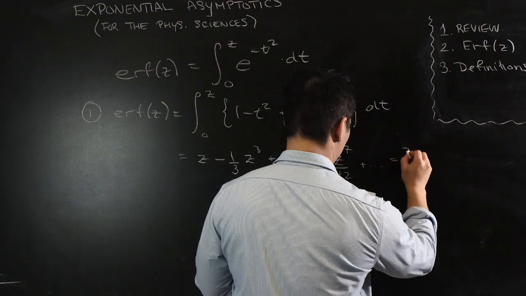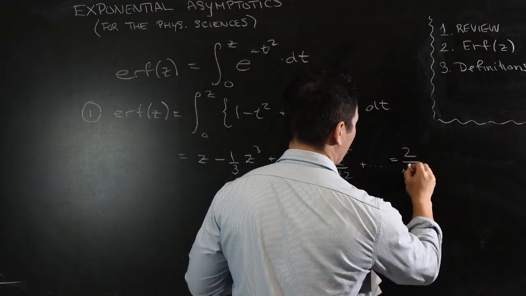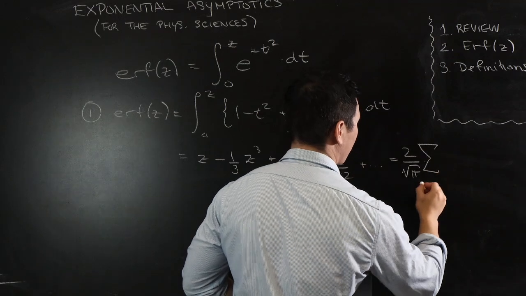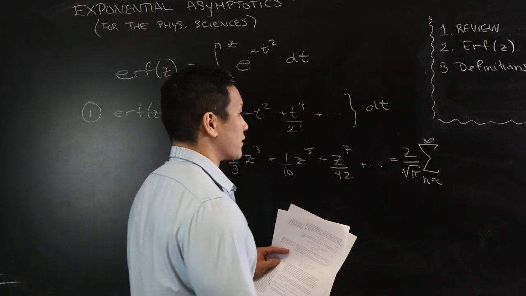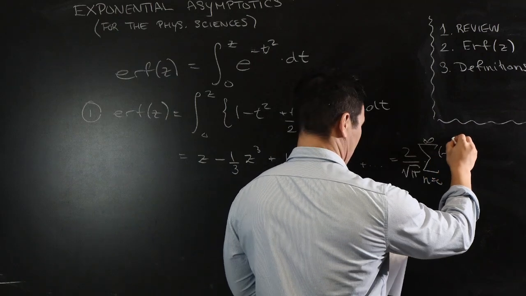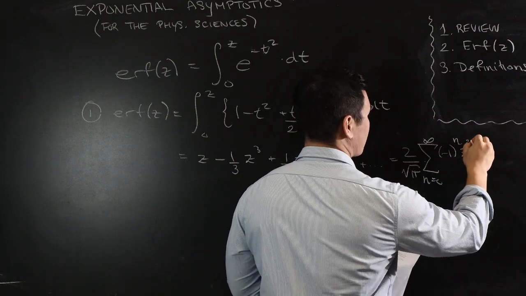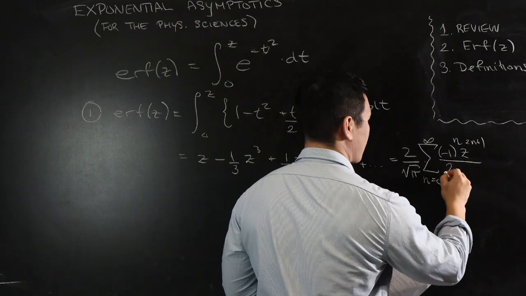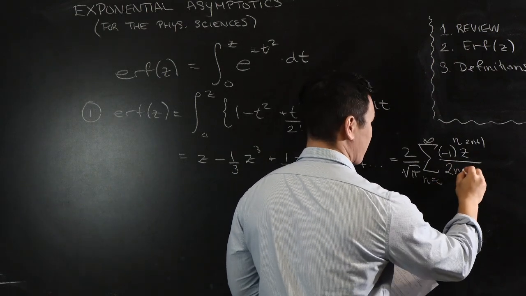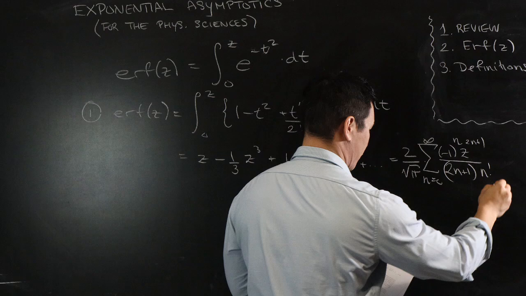That's 2 over root pi, an infinite sum from n equals 0 to infinity of minus 1 to the n, z to the 2n plus 1, over 2n plus 1 times n factorial.